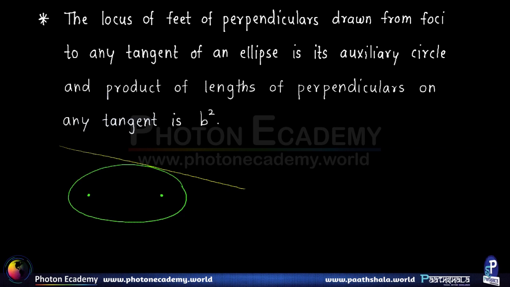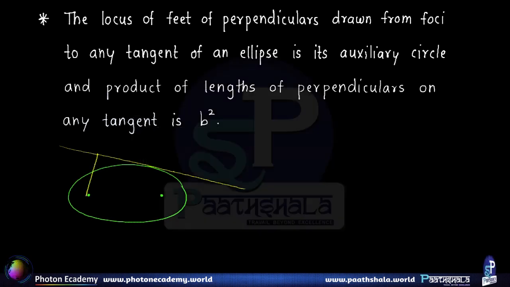Now let's consider the feet of the perpendiculars drawn from the tangent. So these are the feet of the perpendiculars drawn from the tangent. So consider the two blue points. Let's consider some other tangent now.